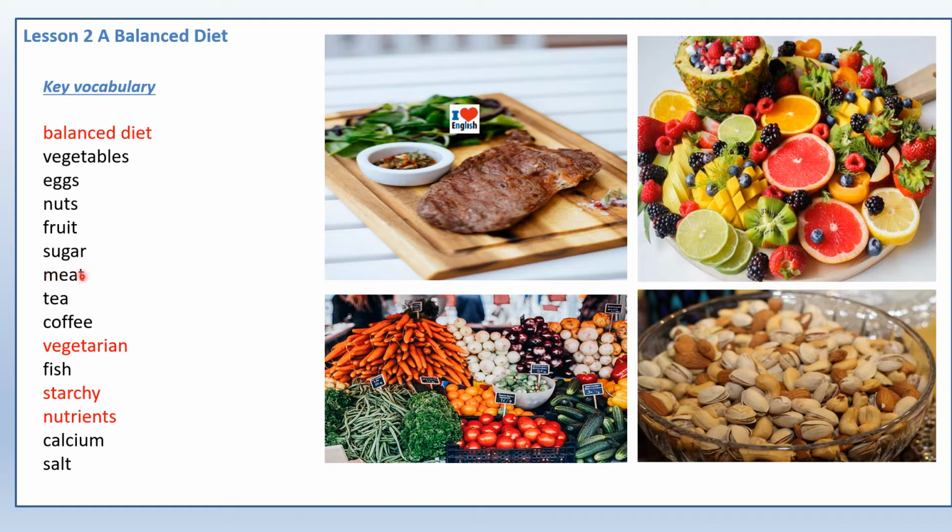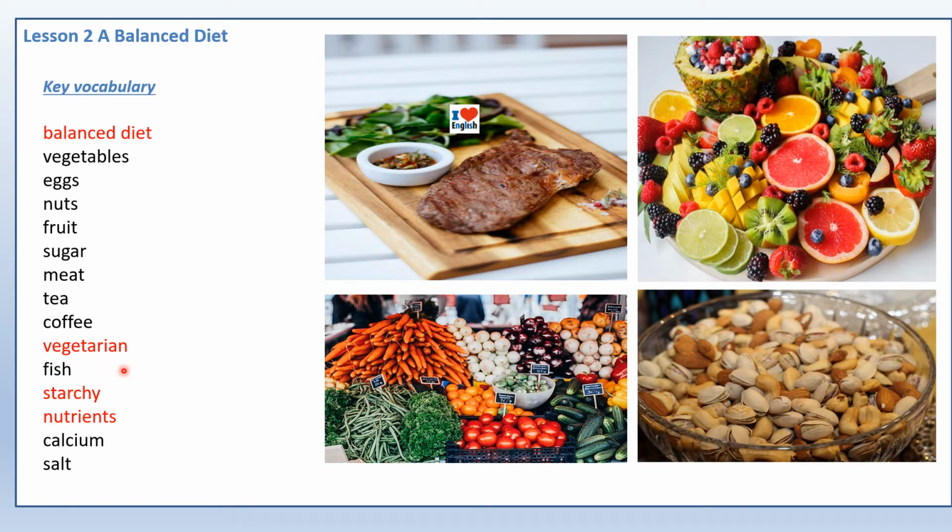Vegetables. Here, a photo of many types of vegetables: cucumbers, onions, eggplants, carrots. And also we have eggs, nuts.